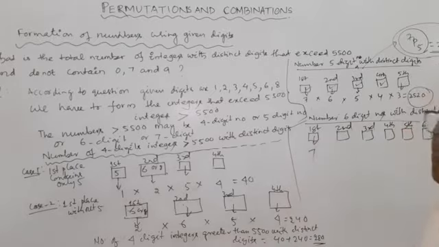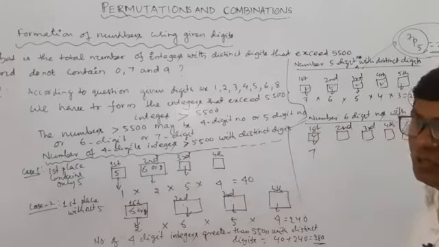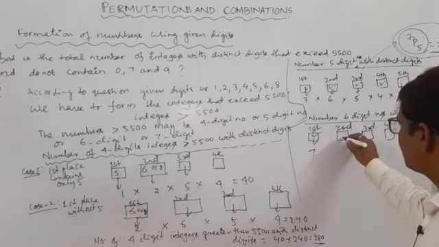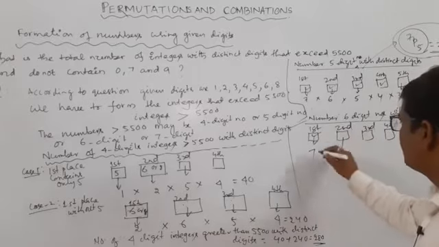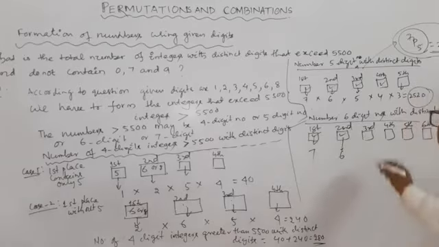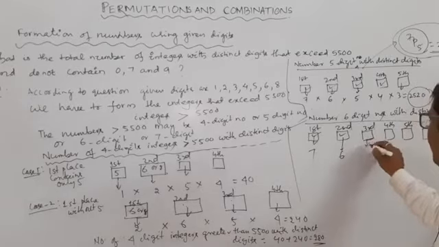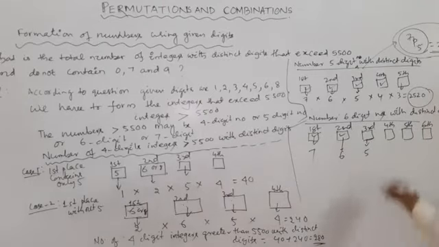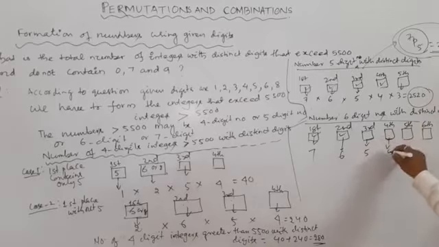One digit is used, remaining 6 digits, so repetition is not allowed, and this can be filled in 6 ways. Two digits are used, remaining 5, so 5 ways. Remaining 4, so 4 ways.